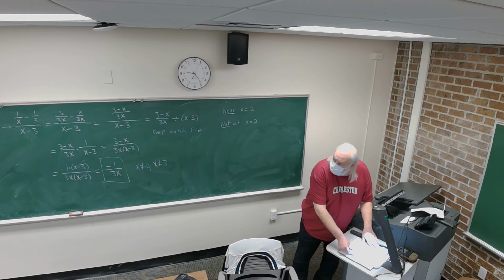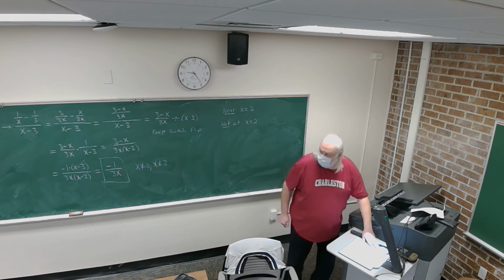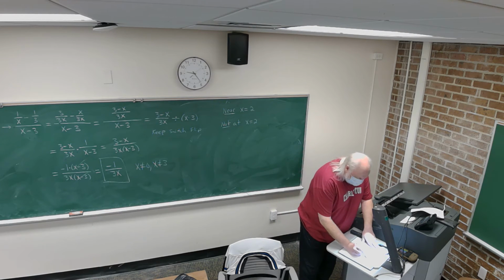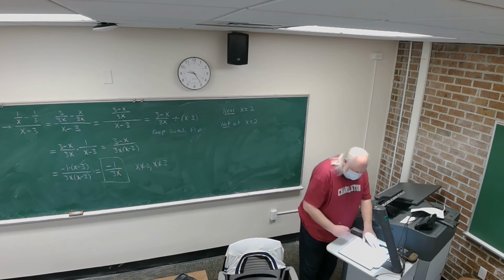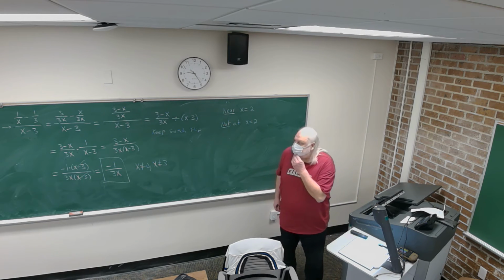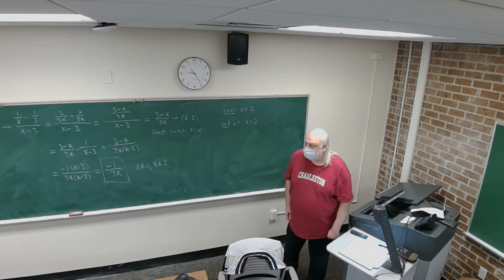Similarly, with the right-hand table, I have some values of x that are just slightly greater than 2: 2.1, 2.01, 2.001. Going from right to left, each succeeding value of x is a little closer to 2.